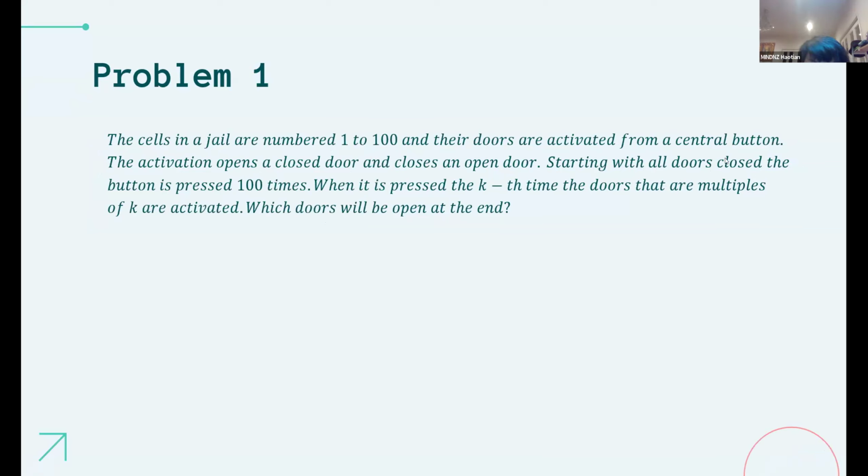It says, when the button is pressed the kth time, the doors that are multiples of k are activated. Activated means opened or closed. So if the door was originally closed, then when it's activated it opens, and if it was originally open, then when it's activated, it will be closed.